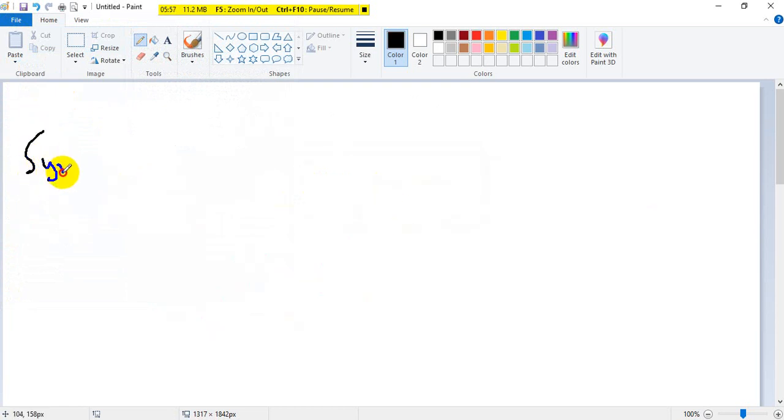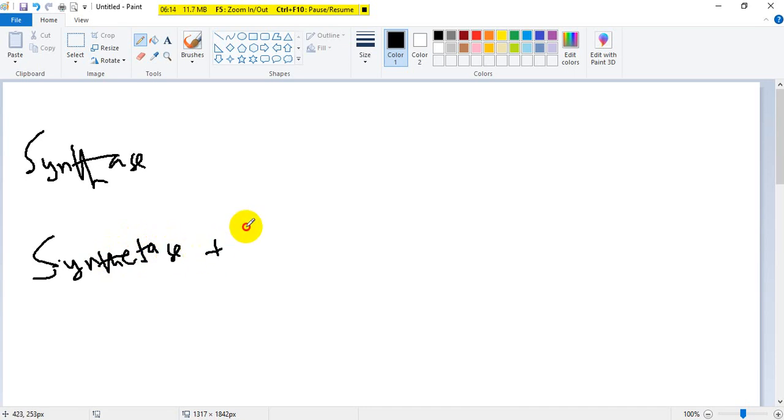So a synthetase uses ATP to synthesize a product, but a synthase does not use ATP.